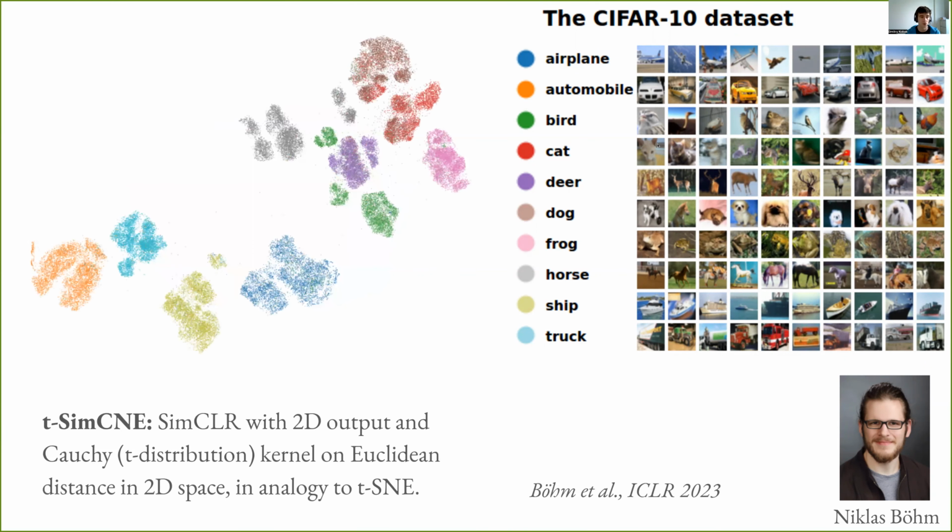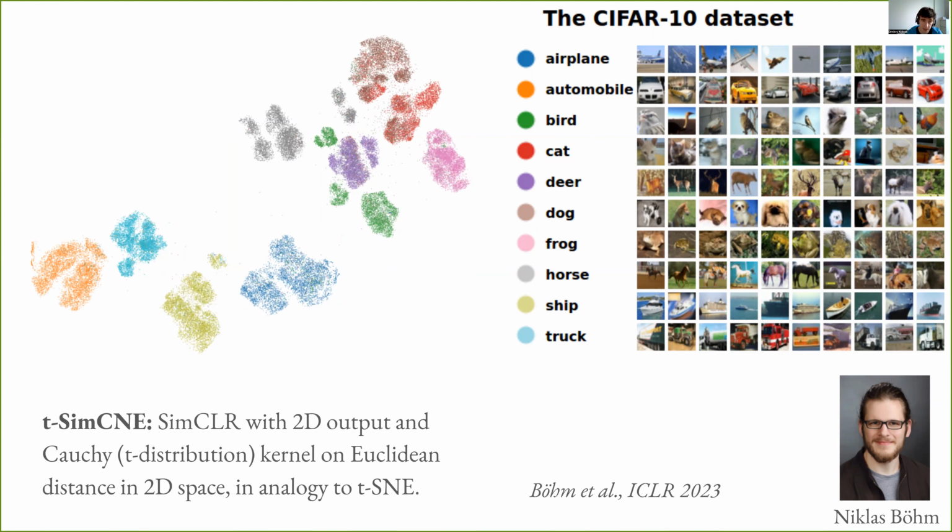So Nick developed the algorithm that we call t-SimSNE, which is basically SimCLR but with two-dimensional output. The trick is that if you just naively do SimCLR with two-dimensional output, it works very poorly. So Nick succeeded in developing an effective training strategy that does that.